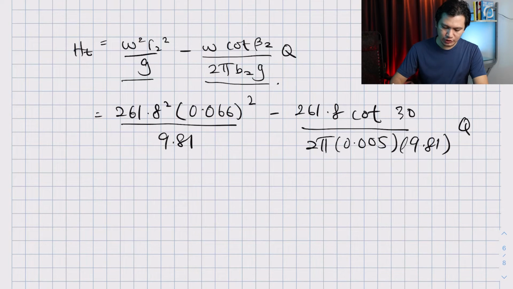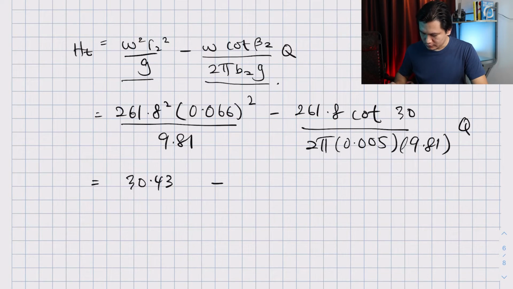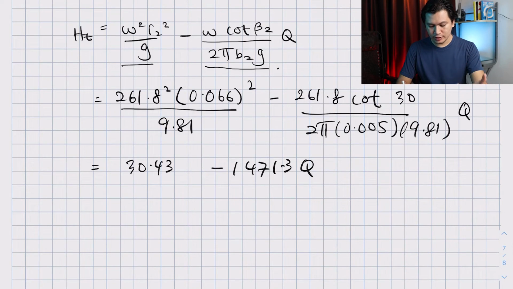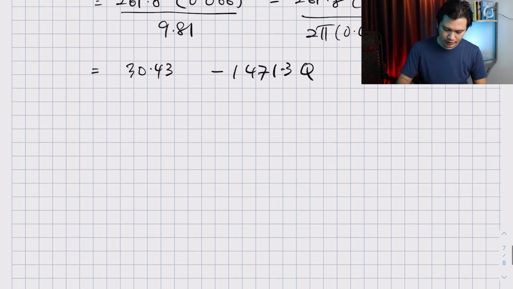This is Q. Okay, let's solve this. This is 30.43 minus 1471.3 Q. What you need to do now is just plot the graph of HT versus Q.